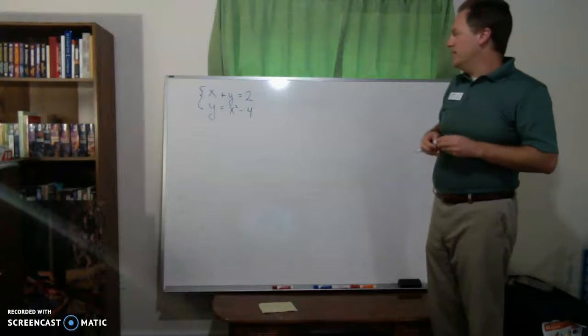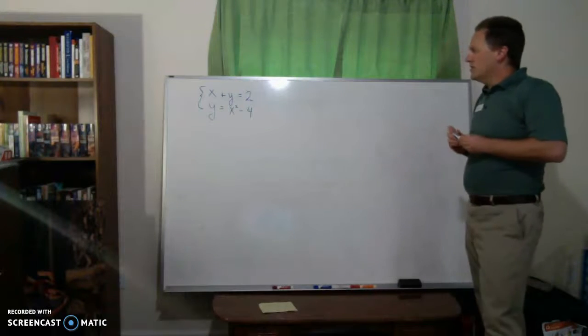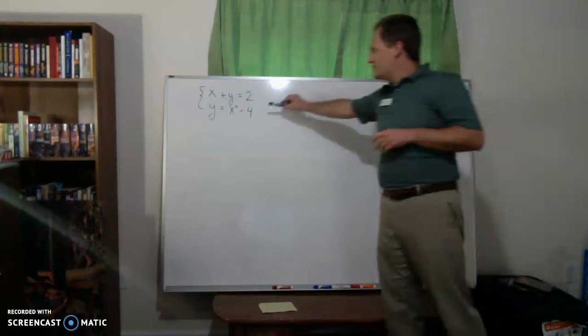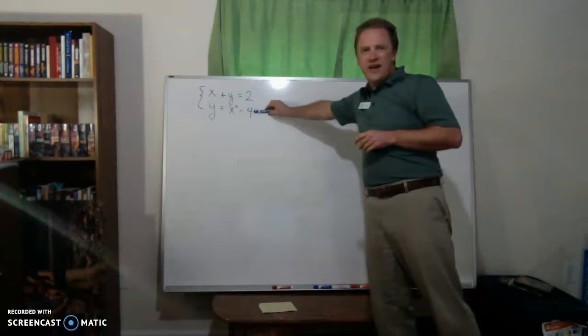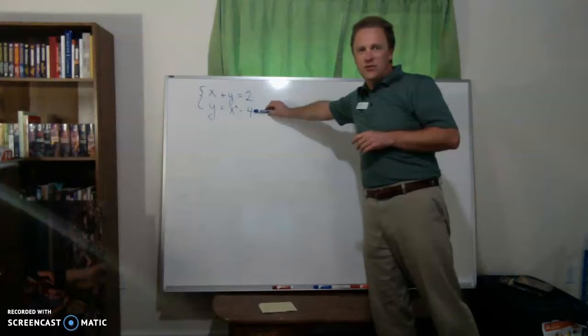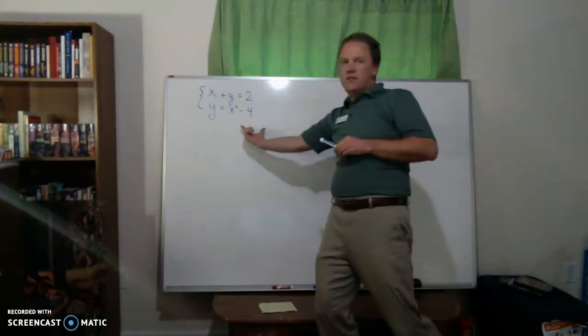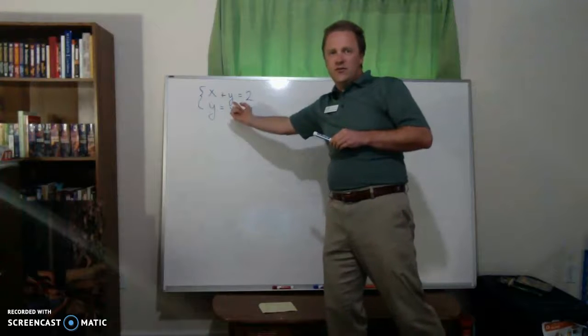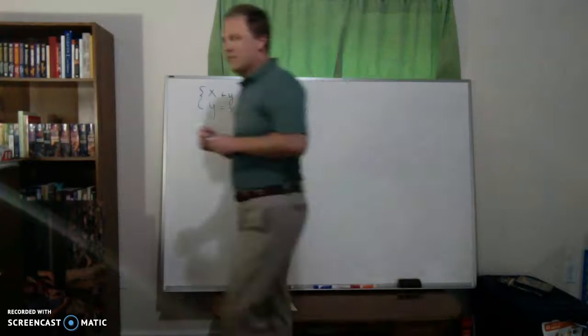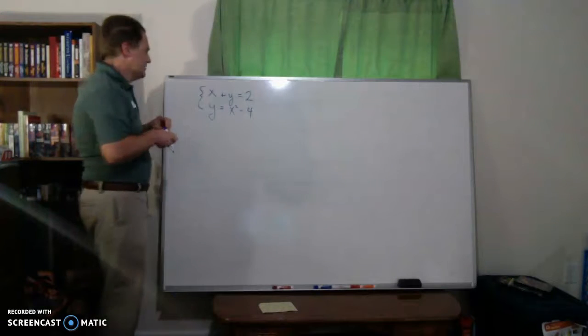And how are we going to find that? Well, our choices are elimination or substitution. In this case, I would say substitution's a nice one because we already have the second equation solved for y, which means all we have to do is take this x squared minus 4, plug it in for y, and solve. So let's see what happens.